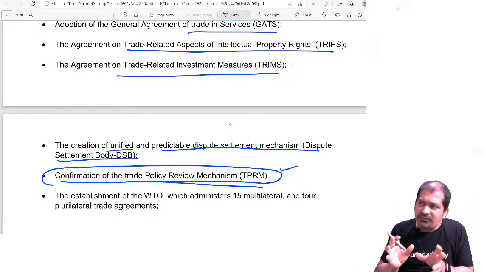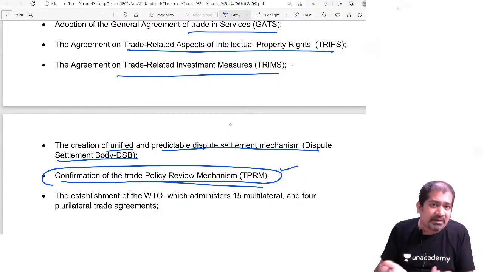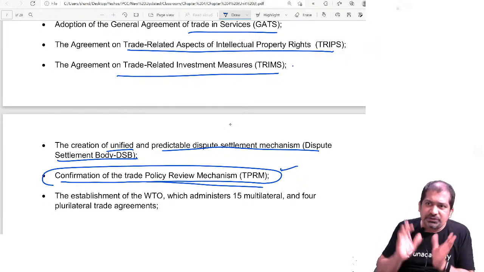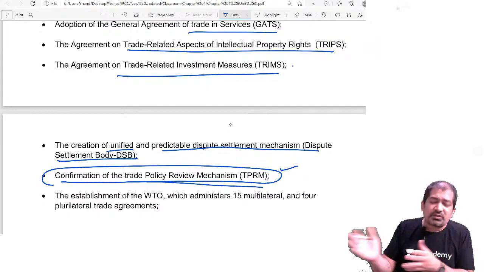And if they find that these agreements under the WTO have to be amended, then they will be amended. So this Trade Policy Review Body always constantly reviews trade.